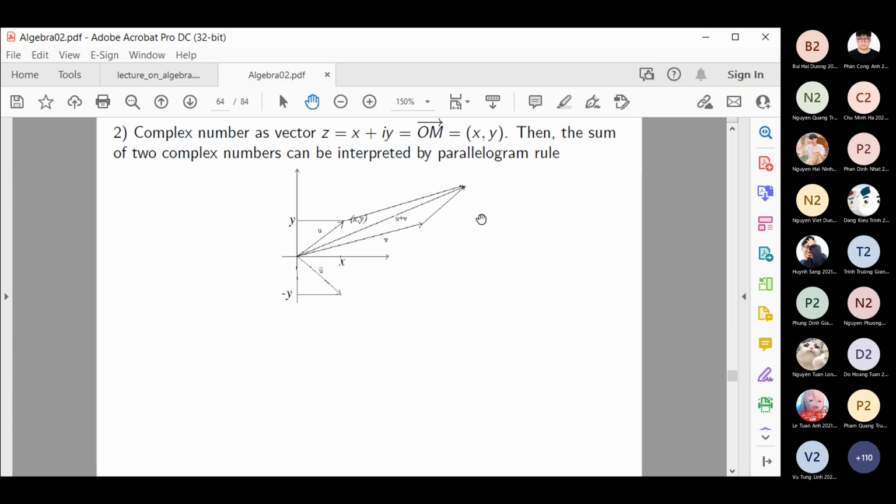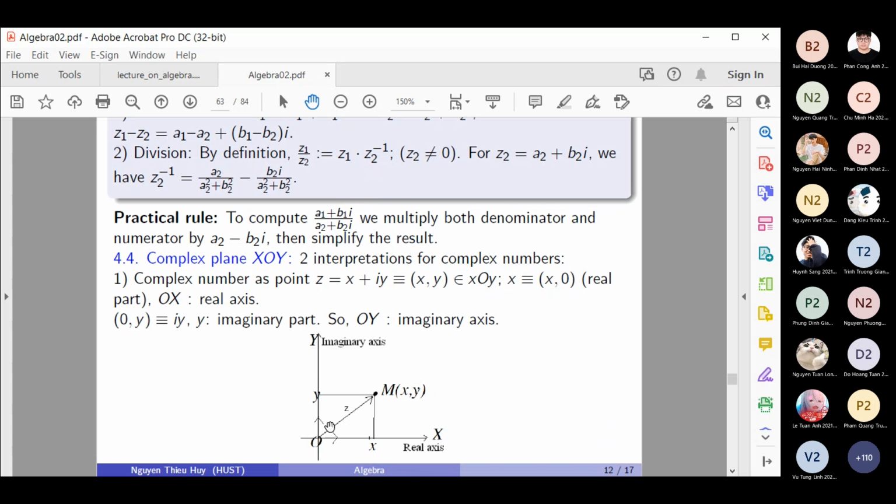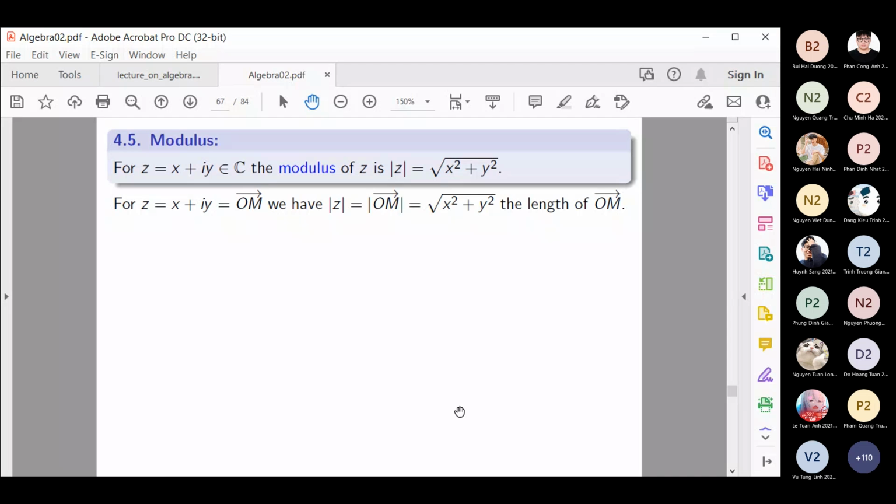If you look at this OM here, this is x, this is y, and the length of OM is exactly the square root of x squared plus y squared. So the modulus of z is exactly the length of the vector that represents z in the complex plane, right? Good.